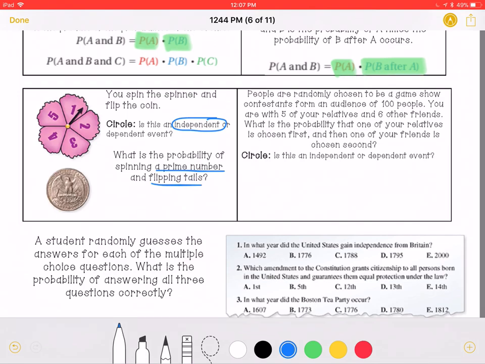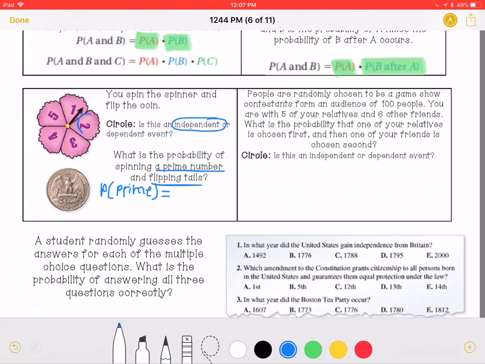So we have to first find the probability of each event. So the probability of spinning a prime number. Well, let's take a look at our spinner. If you know what a prime number is, great. If you don't, I'm going to explain it real quick. A prime number is a number whose only factors are itself and 1.